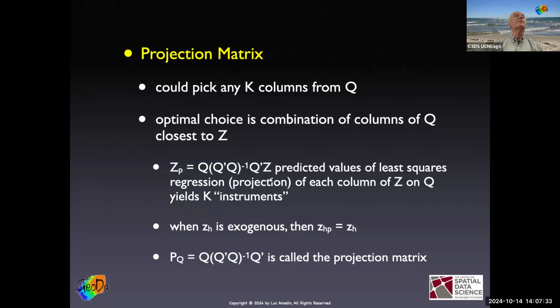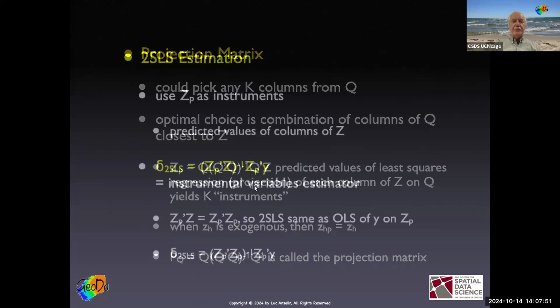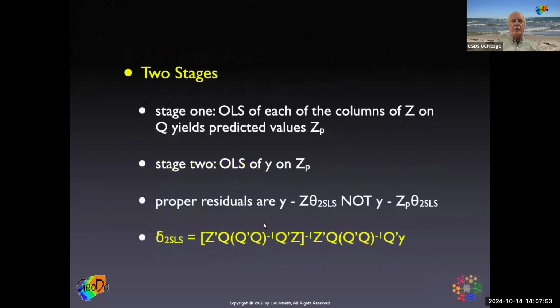If you love matrix algebra, you do Q prime Z, Q prime Y, Q prime Z inverse Q prime Y, plug this into what the earlier Q was, and you end up with this nice expression here.